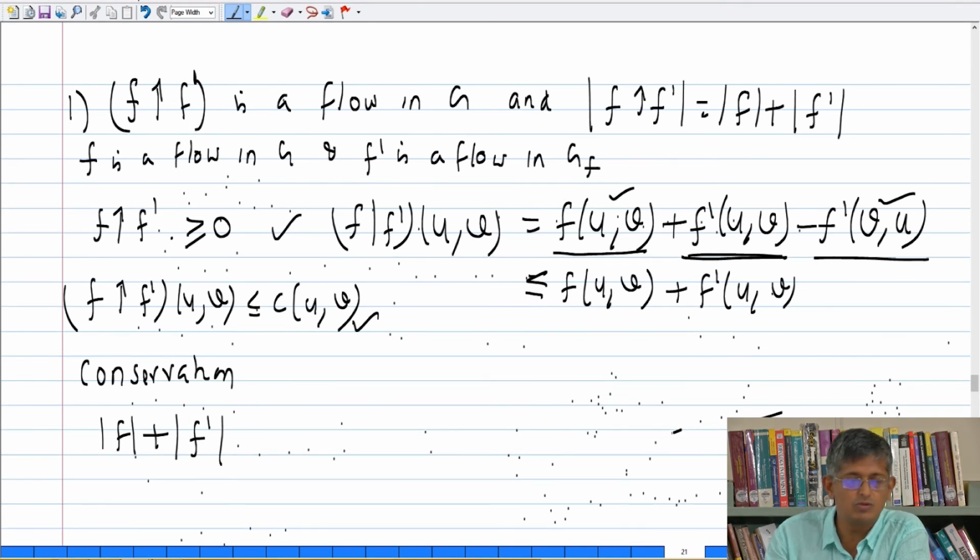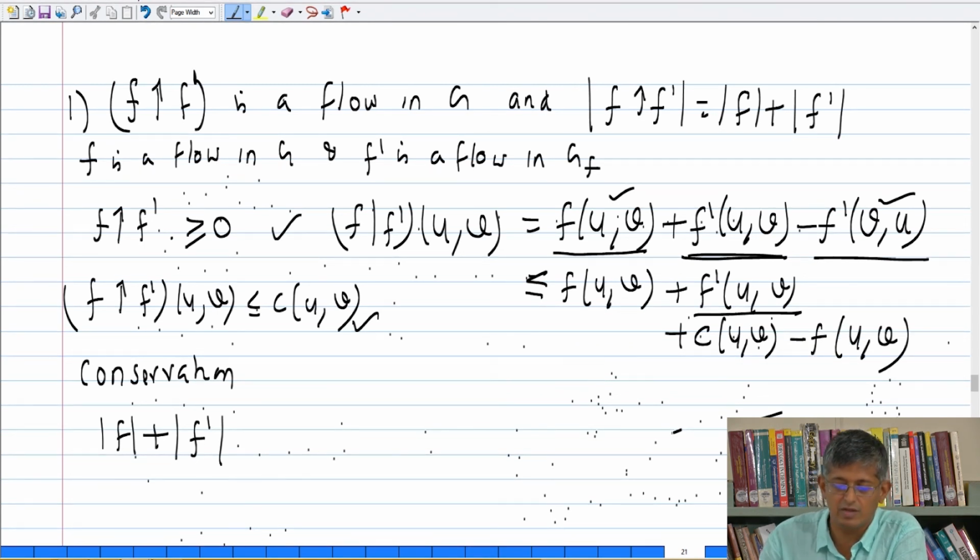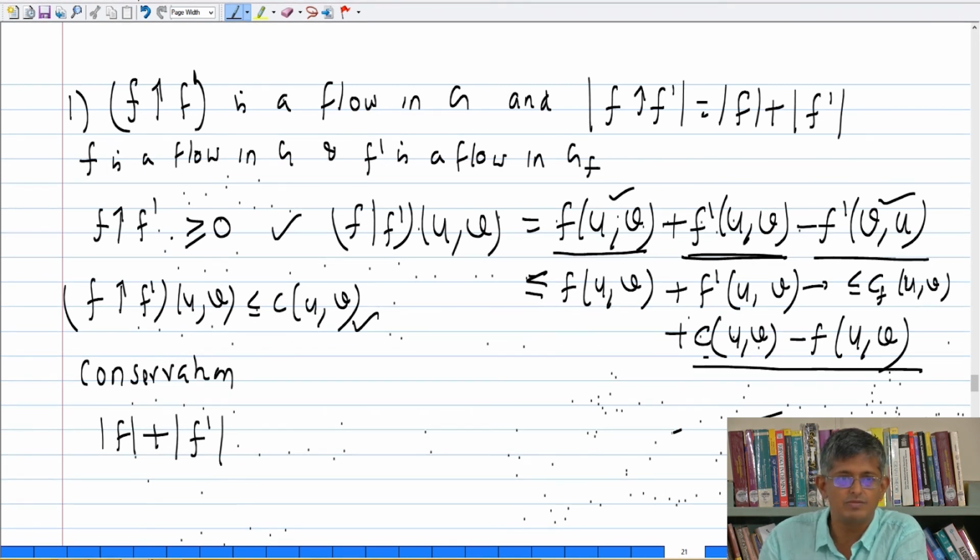So this is u comma v, this is u comma v. So this is equal to the capacity of u comma v in the network minus f of u comma v. That's the definition of the residual capacity. So f prime of u comma v is less than or equal to the residual capacity Cf of u comma v, because f prime is a flow in the residual network, and Cf of u comma v is exactly equal to this value.